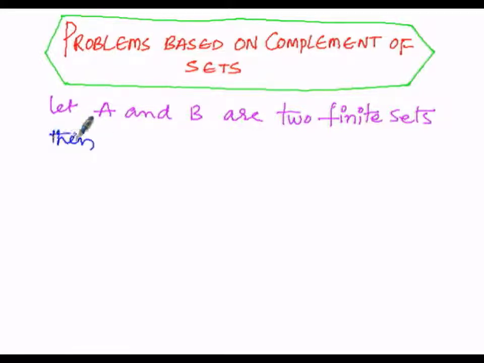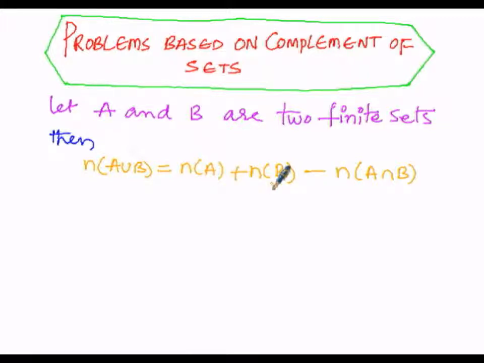Then we can write N of A union B as N of A plus N of B minus N of A intersection B. So, here N of A intersection B is subtracted from the sum of N of A and N of B in order to get N of A union B.